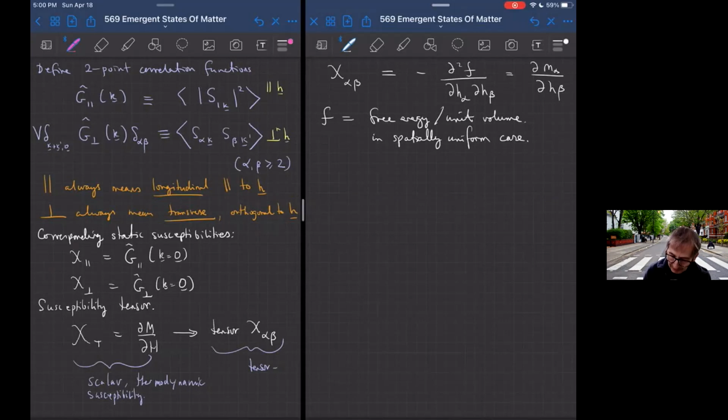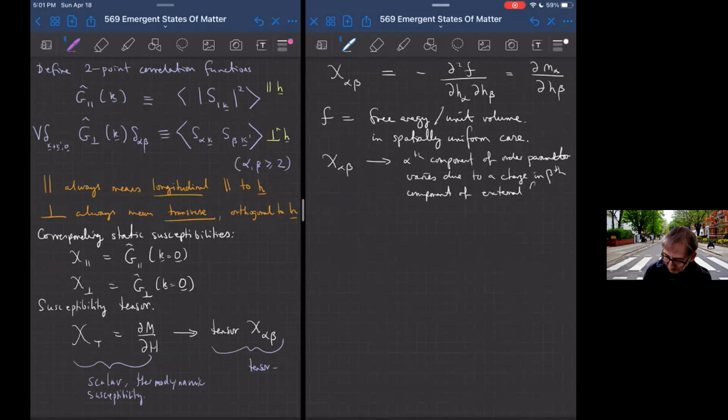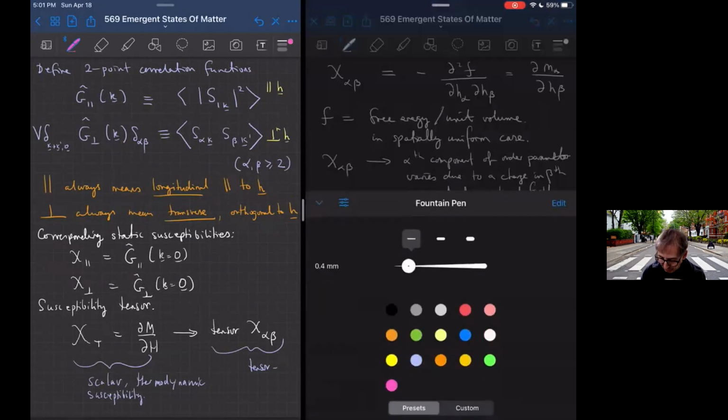Okay, so this chi alpha beta tells you how the alphath component of the order parameter varies due to a change in the betath component of the external field. And we don't really care about what the field actually is.